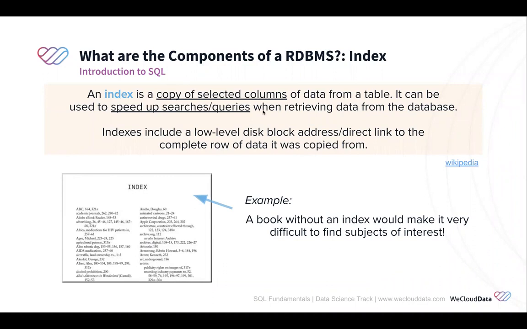The best way to do that is just go to the index page, right? It's typically like, I don't know, 20, 50 pages. And then you can just go find WeCloudData, and then it will tell you that WeCloudData is on page 748. And then you just jump to that page. And on that page, there are some other companies as well, but it helps us significantly reduce the search time, right? That's what index is for.